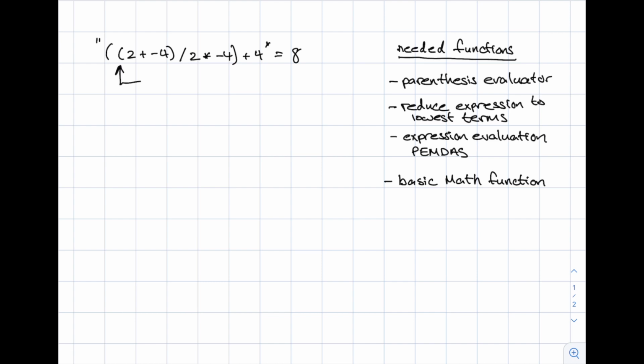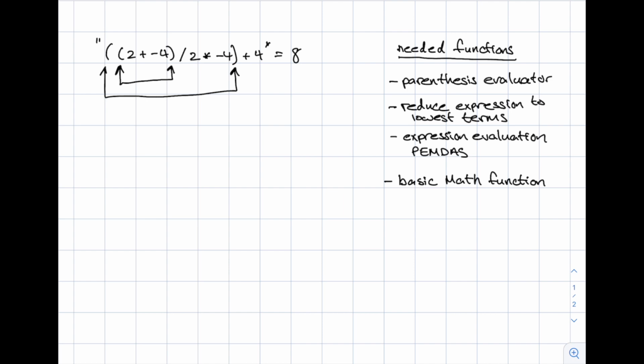It's going to start with the inner parentheses expression, and then it's going to move on to the outer one. So that's going to be the job of the parentheses evaluator, to get the nested sub expressions and any parts of the expression that contain parentheses, and evaluate them separately.